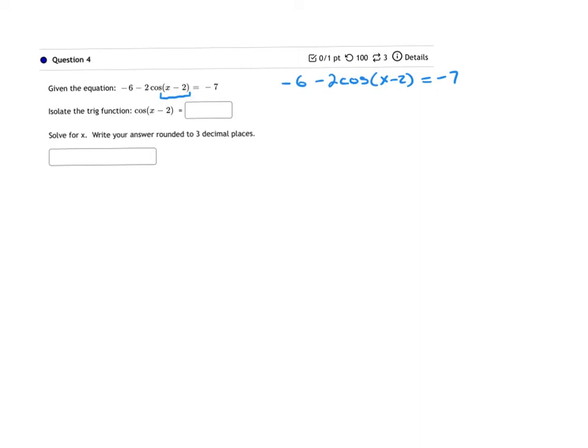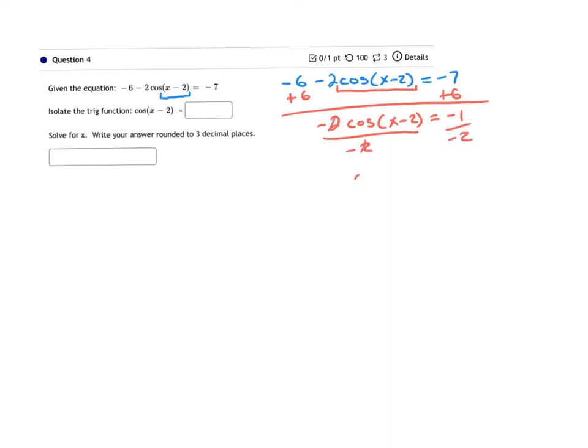In this case, I want to isolate the cosine of x minus 2. So I'm going to do that by adding 6 to both sides to start off with, and that gives me -2 cosine of (x minus 2) is equal to -1. Divide by -2, divide by -2, and I get the cosine of x minus 2 is equal to 1/2.